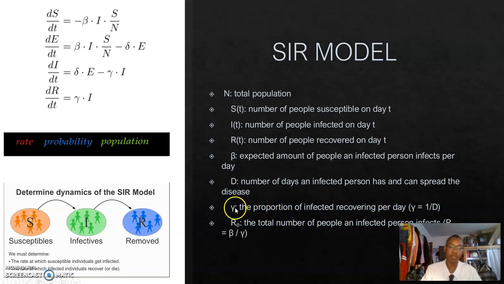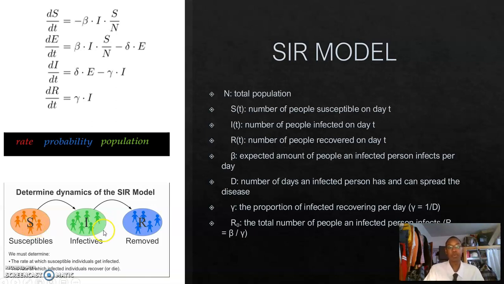And this is represented by a lowercase y, which in the actual calculations is represented by gamma. And so susceptible individuals transfer into infected individuals and then into removed individuals once the infection has passed, or the individual has passed, or in the case that the individual dies.